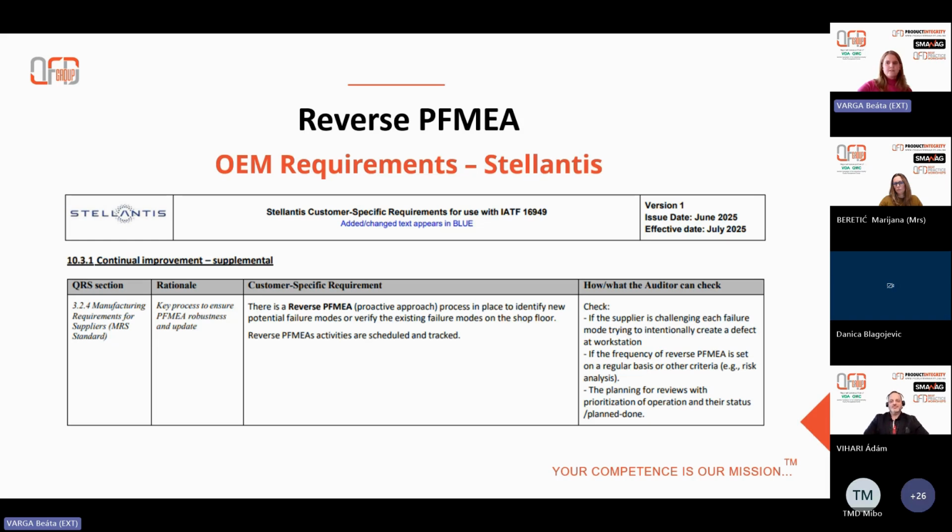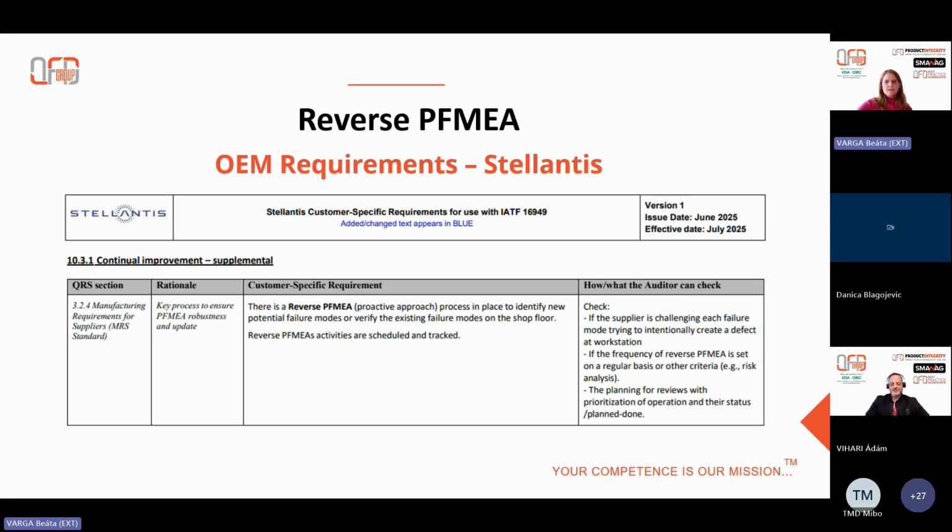And finally, they will also review the planning and the status of these activities to ensure that the scheduled reverse FMEAs are actually being carried out or not. So compared to the other OEMs, Stellantis sets very structured and auditable expectations for reverse FMEA.